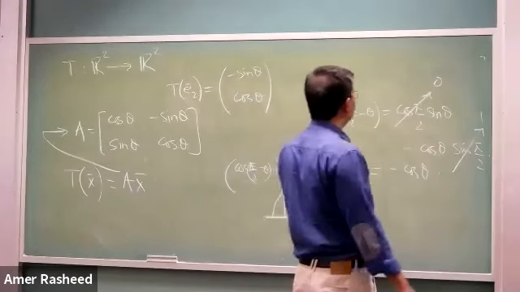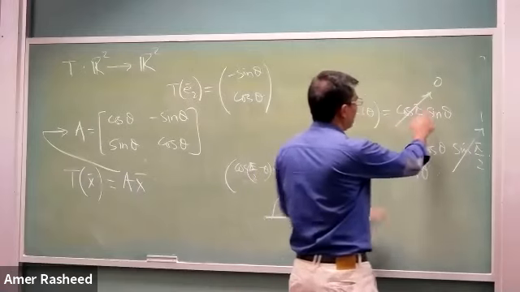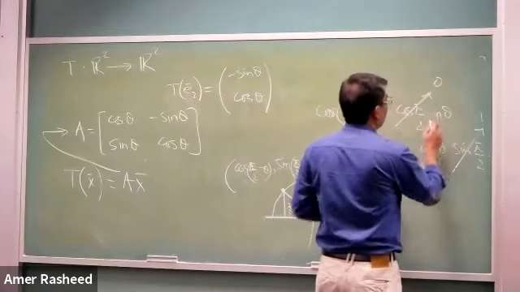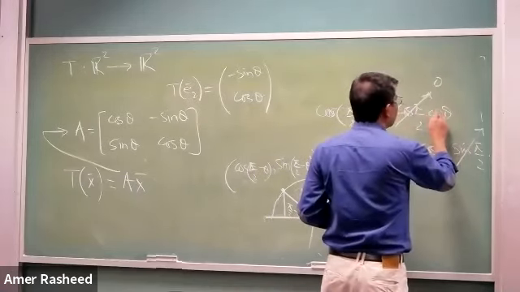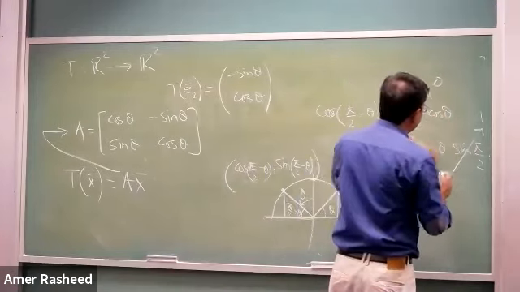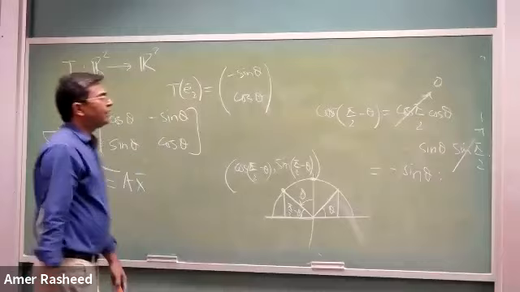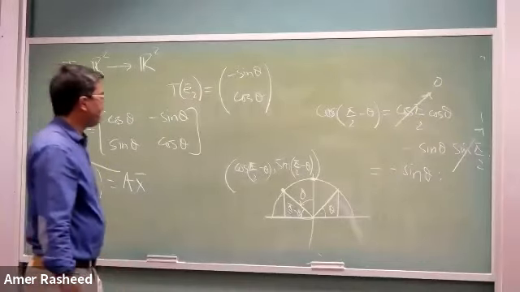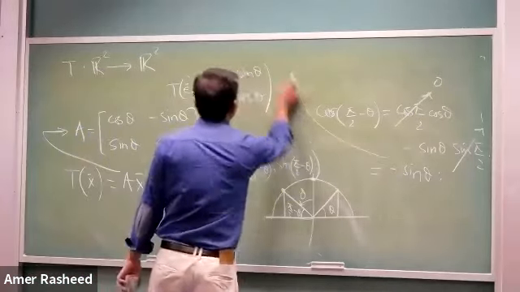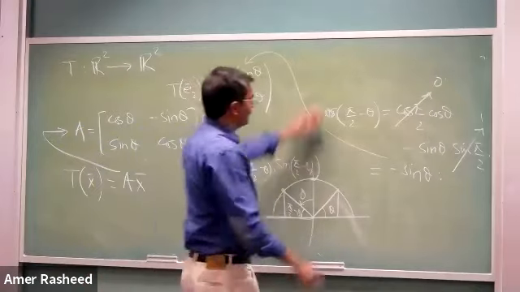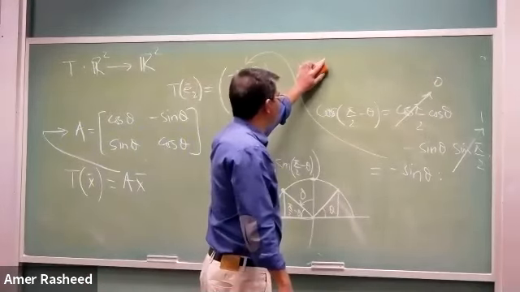Cos होता है यहाँ पे. Yes, और यहाँ पे sin होता है. So it will be minus sine. Okay, this is your identity. So you get here a negative sign. Got it? Yes, sir.